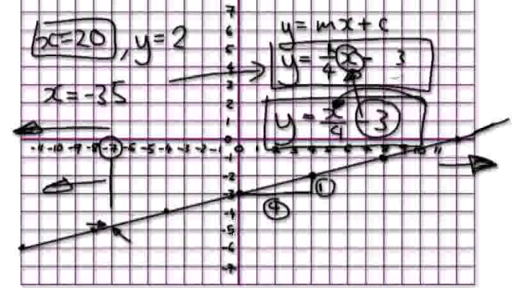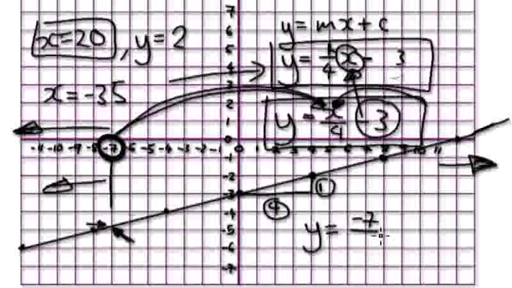It's going to be between -4 and -5. So what you do, you put the -7 into the equation. So y equals, well, put the -7 into the x because you want to know what this y value is here. So it will be -7 over 4 and then -3.